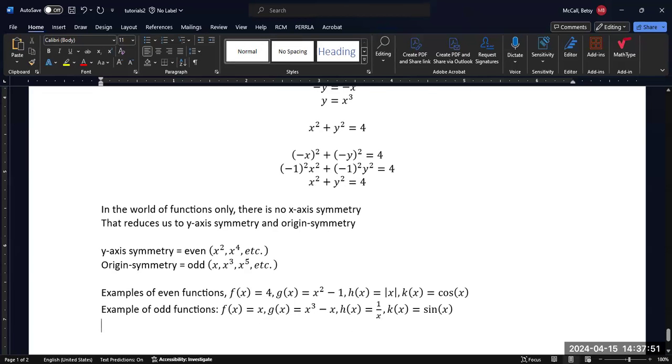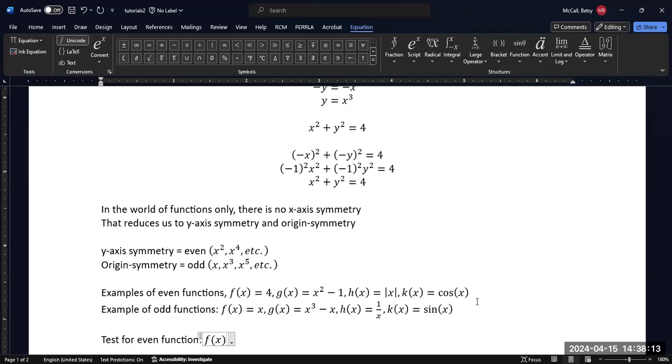And again, we could plot each one of these and we would be able to see that, of course, they satisfy that symmetry graphically. But if we want to test them algebraically, the test for even functions is expressed as f of x is equal to f of negative x. So again, this is just that idea of replacing x in the function with negative x, and when we simplify, we get the same function back.